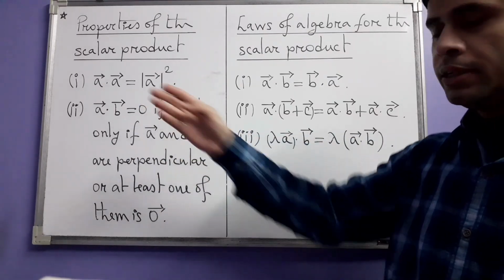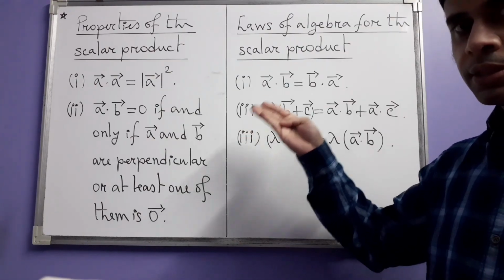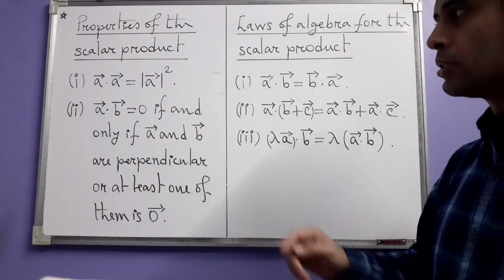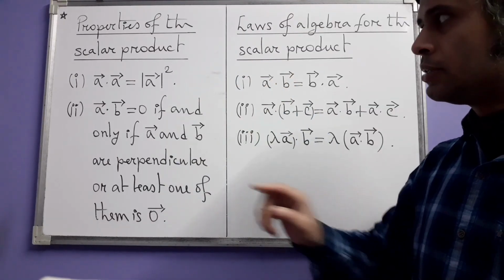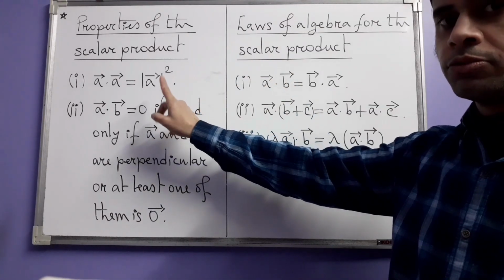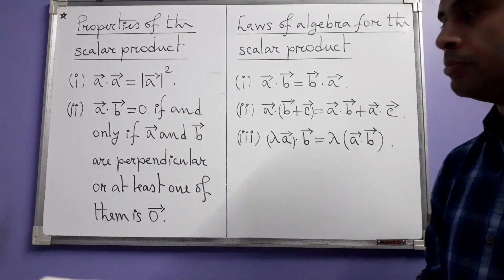And if A is 0, then by the extension of the definition, the scalar product is 0, and because A is 0, its magnitude is also 0, whose square is also 0, so in that case also you have this identity.